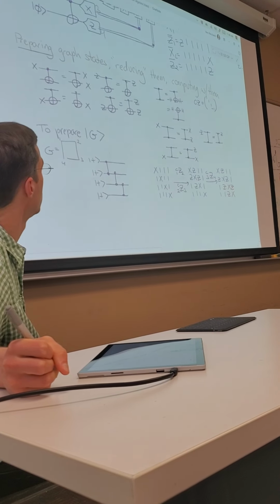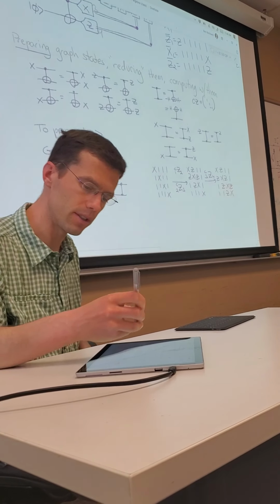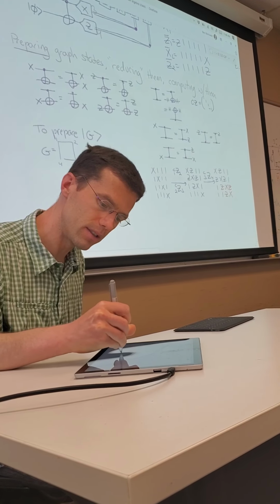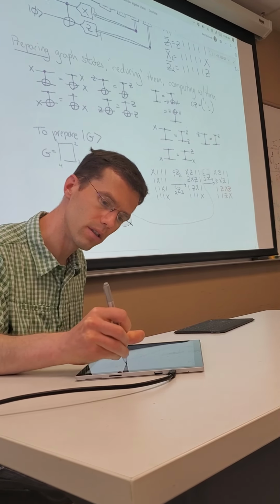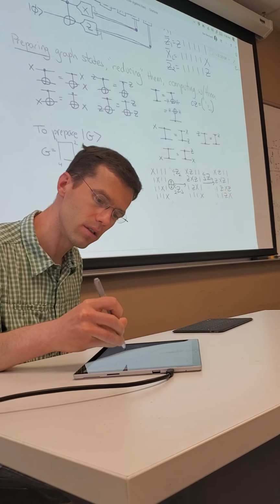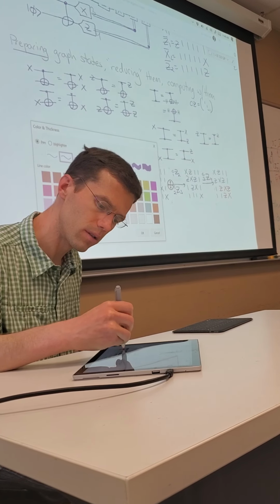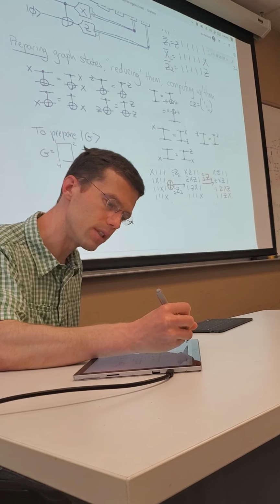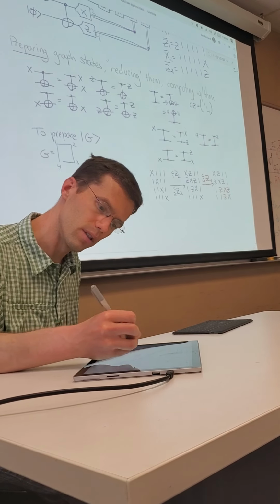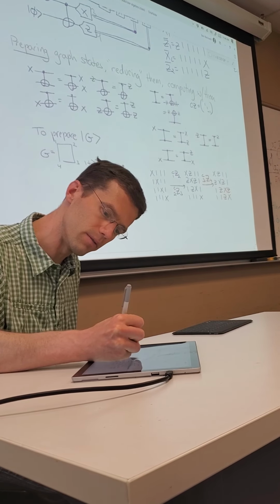That's this gate here, 3 to 4. Finally, let's do controlled Z gate from 1 to 4.